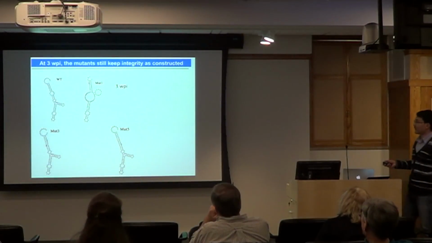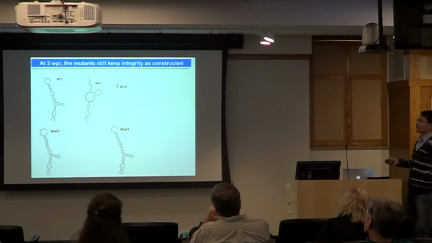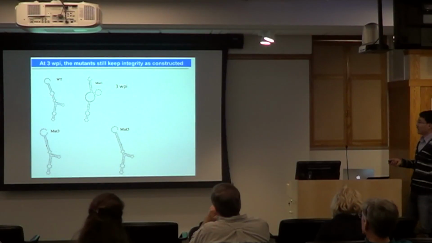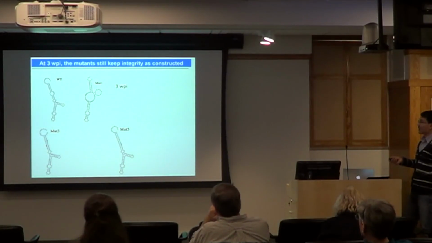Firstly, we detected the mutant sequence from 3 weeks post-inoculation leaves, and we found that all the mutants still keep the sequence integrated as constructed. Here is the wild type secondary structure of the translational enhancer, and you can see that in all the mutants the secondary structure of loop 1 was still impaired.